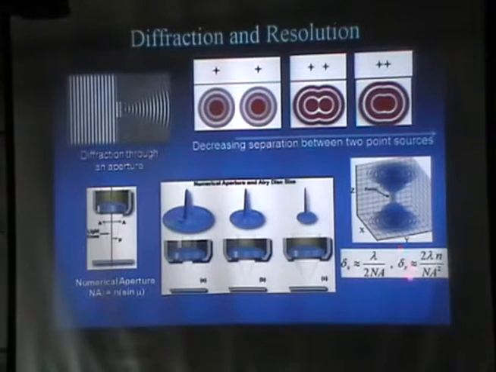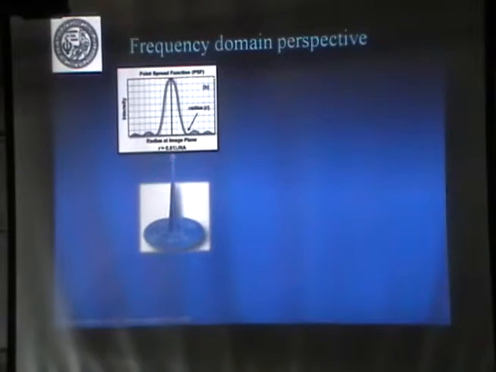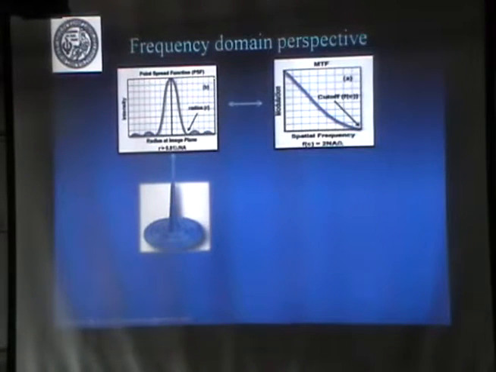This shows, in 3D, this point source function. A cross-section here looks like this, but this also shows how things change in the axial direction, so things expand. If you are out of focus, this blur is going to be bigger. Again, this is the same thing, but another way of looking at this is in the Fourier domain.